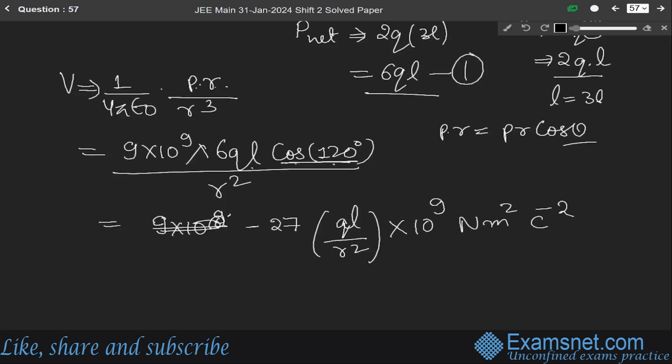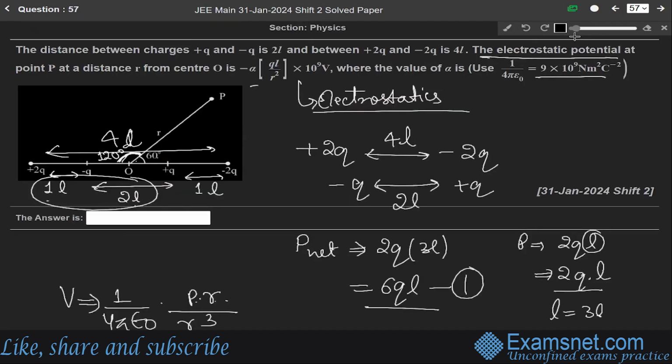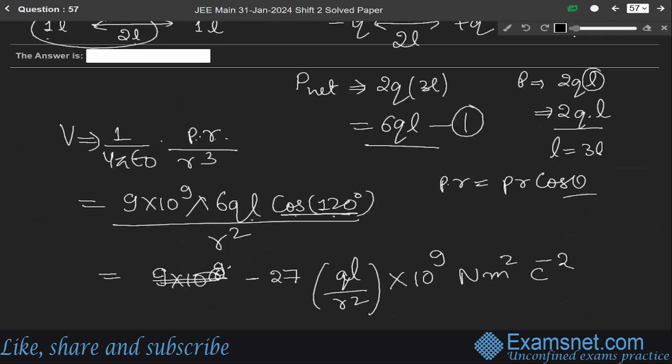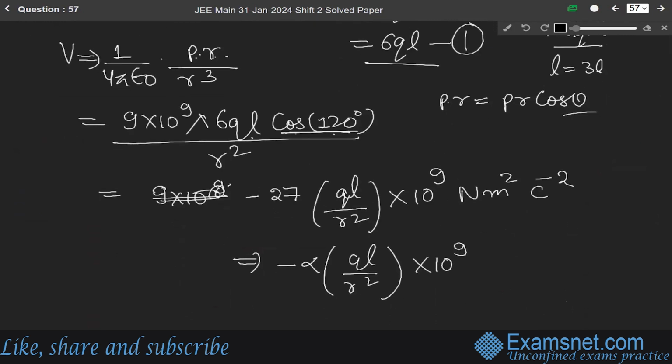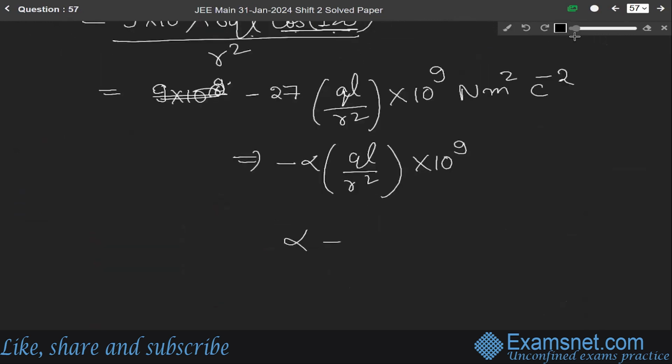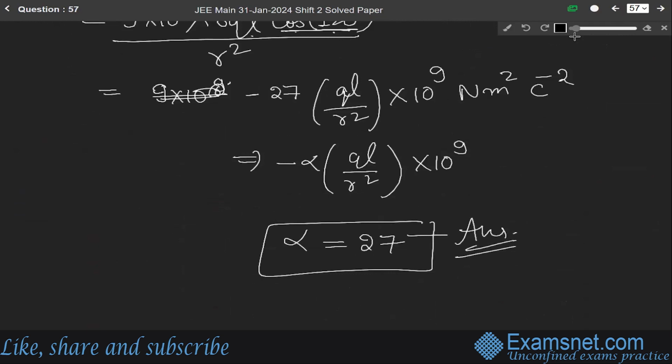So comparing it with the given equation, minus alpha QL over R square into 10 to the power 9, we get the value of alpha as 27. This is our desired answer.